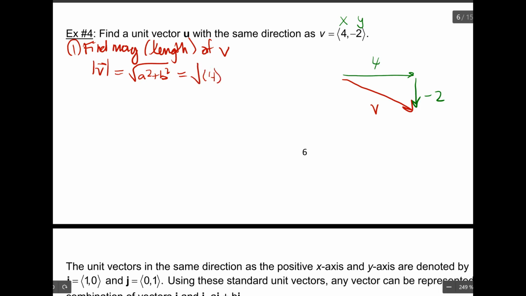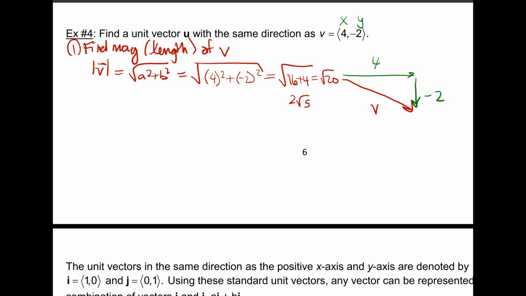Here I know my lengths already. So I have 4 squared plus negative 2 squared, square root of all of that. So it's the square root of 16 plus 4, square root of 20. How do I simplify? 2 root 5.